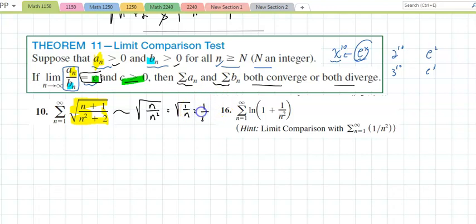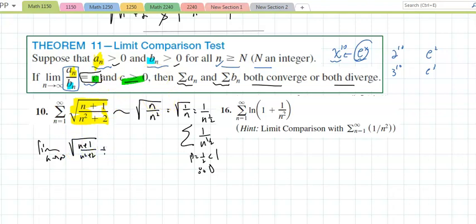So isn't this 1 over n to the 1/2? Well, that's not enough. You have to show the series, not the sequence. P equal 1/2 less than 1. Therefore, this diverges.